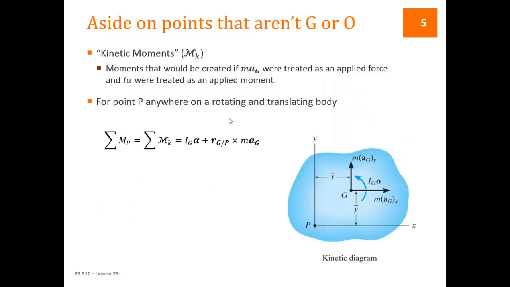We talked about kinetic moments as well, which is this cursive m, which is defined as the moments that would be created if m times a were treated as an applied force and I times alpha were treated as an applied moment. Remember, these were non-physical moments, but that simplified our analysis in some cases and allowed us to find the moments around any point on a rotating and translating body.